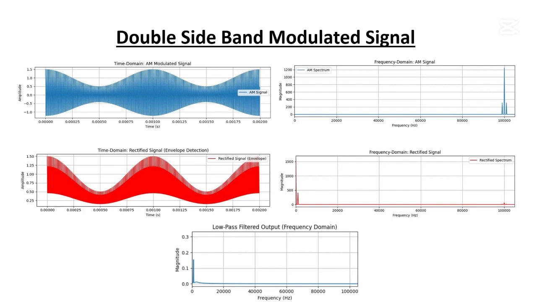All right. So if we pass this signal through a bridge rectifier, you know what a bridge rectifier is? A bridge rectifier converts an AC signal into a DC signal.